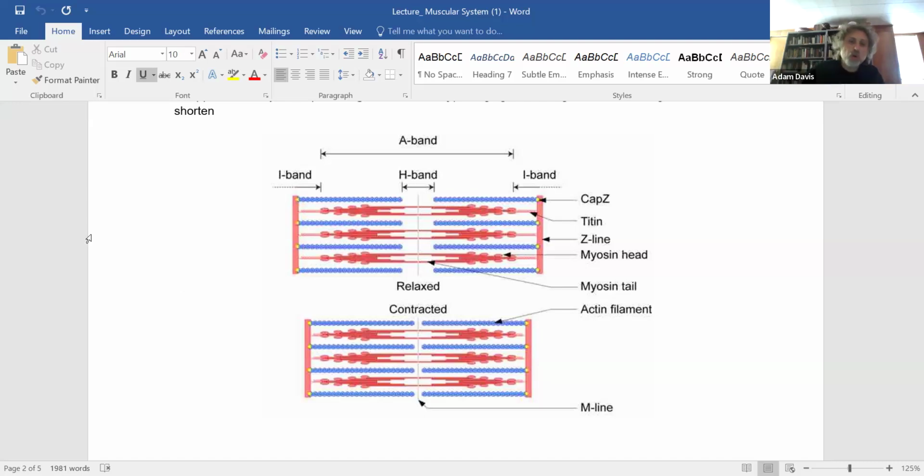But when the whole thing shortens, the ends scunch inward. Scunch is a technical term. And that means that the Z discs pull closer, the whole sarcomere gets shorter. Now, that doesn't shorten the sarcomere itself by very much.